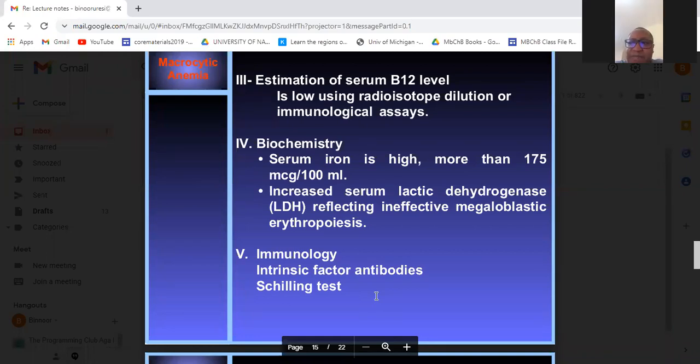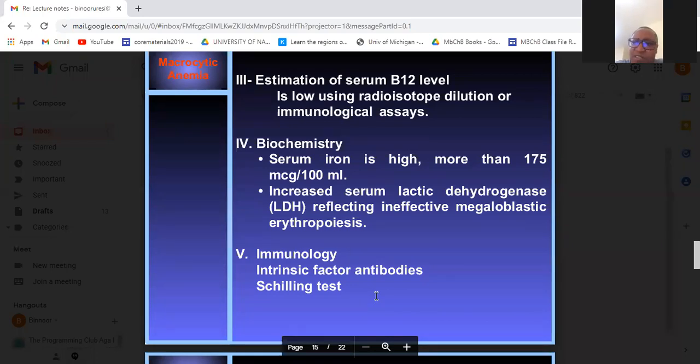In biochemistry, serum iron, ironically, is normally high in B12 and folate deficiency, as a form of compensation. You'll find increased serum lactate dehydrogenase, reflecting ineffective megaloblastic erythropoiesis. So if you do LDH and iron levels, they'll be increased.